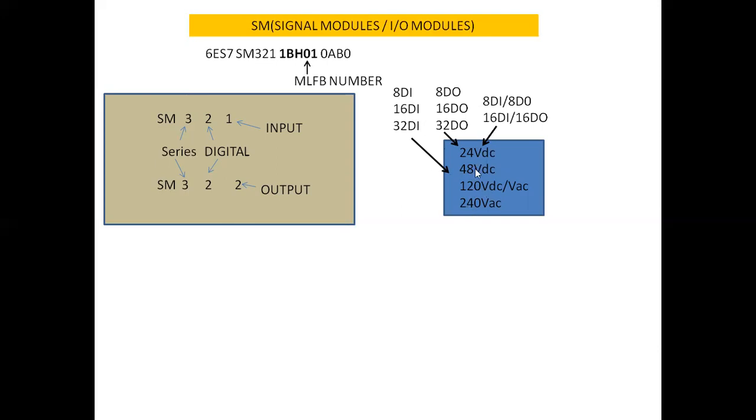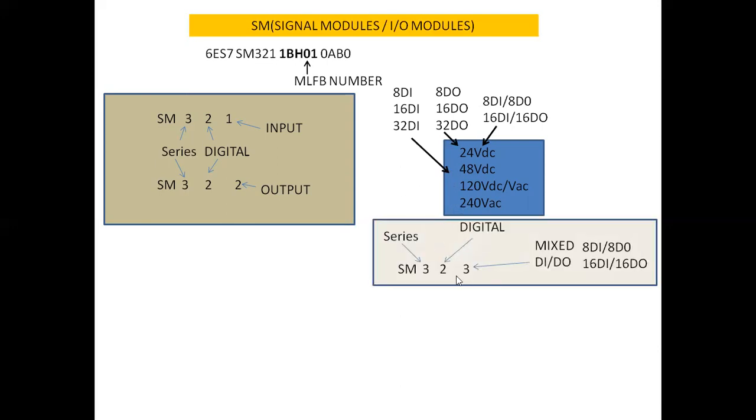Another, 16DI, 4 types. 32DI, 4 types of supply. So each model will have different supply options. So this number will differ according to the properties here.